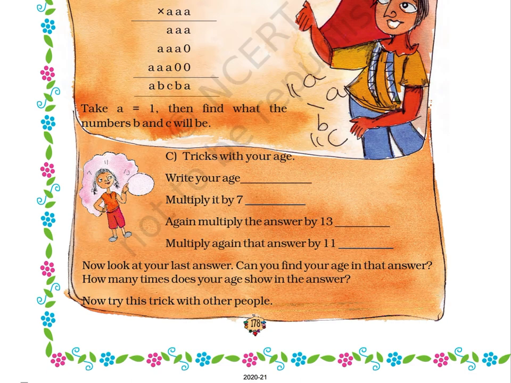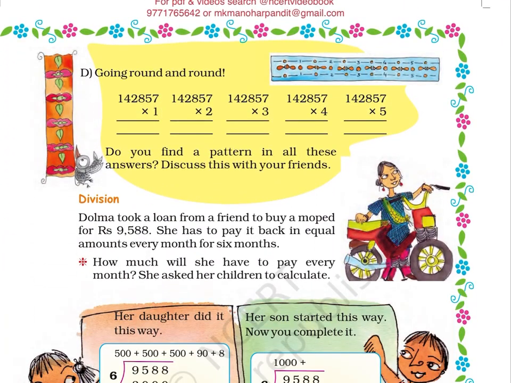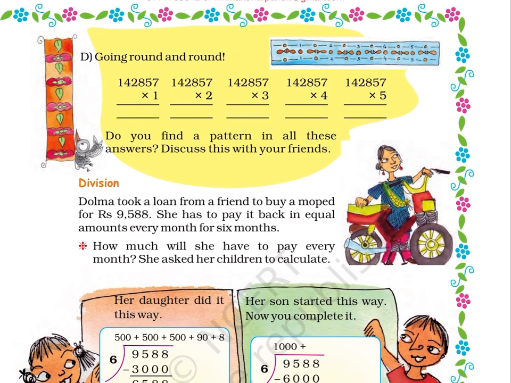Page 179. D. Going round and round. 1,42,857 multiplied by 1, dash. 1,42,857 multiplied by 2, dash. 1,42,857 multiplied by 3, dash. 1,42,857 multiplied by 4, dash. 1,42,857 multiplied by 5, dash.